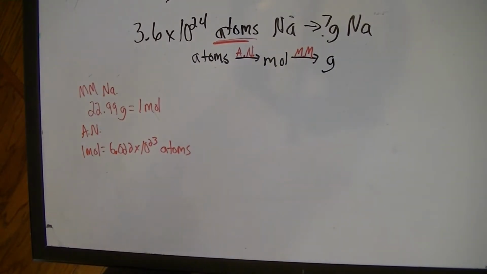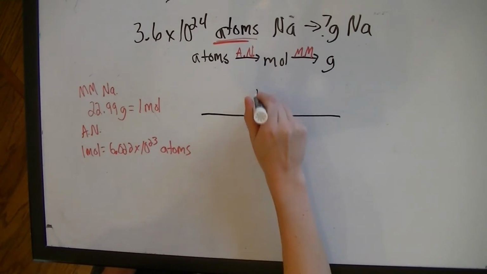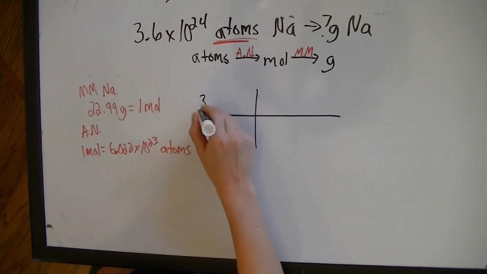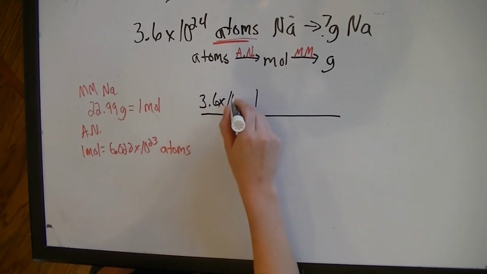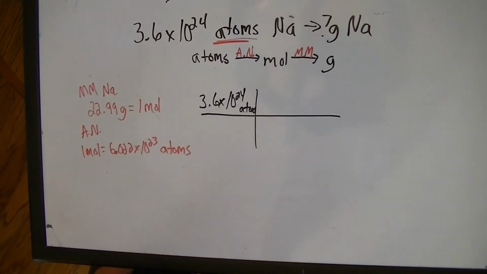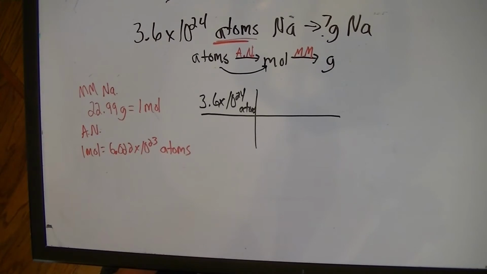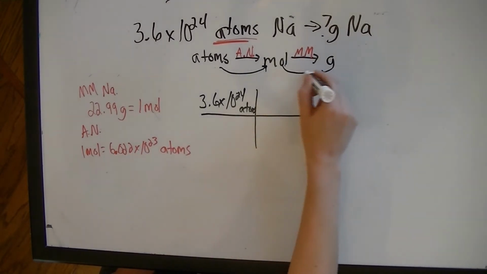All right, so let's start our railroad tracks. When we start our railroad tracks, we start with what is given in the problem. Running out of room. It's atoms. Okay. So we're at atoms. Our first step shows that we want to get to moles, because we need to be in moles in order to get to grams.